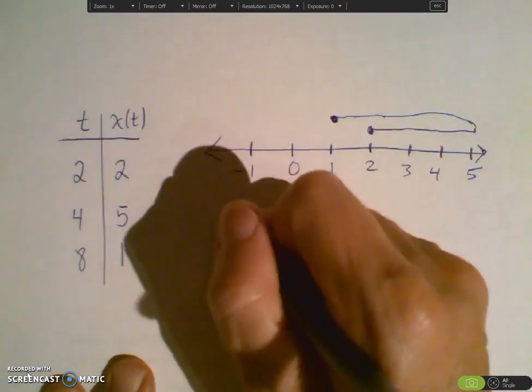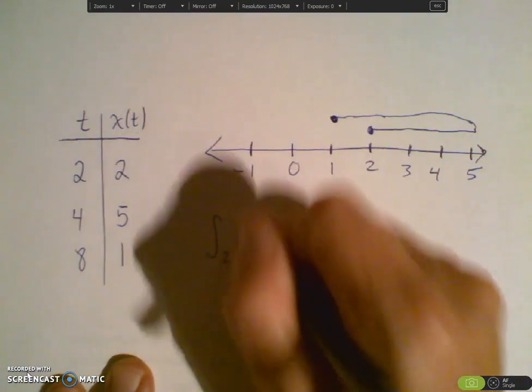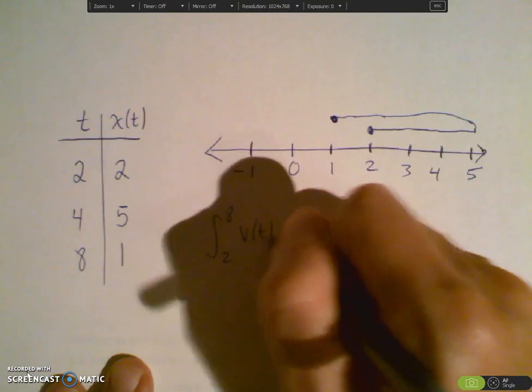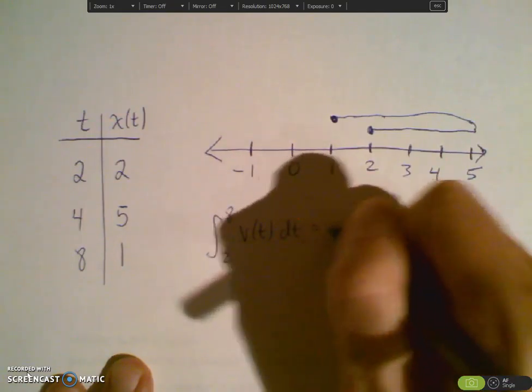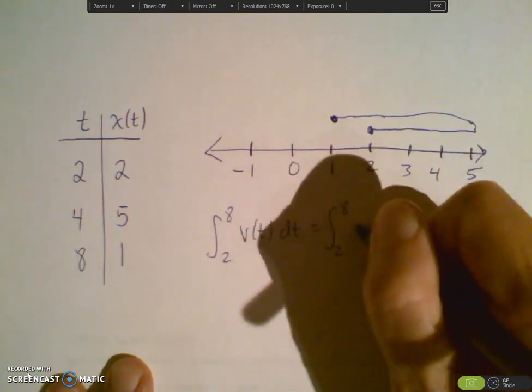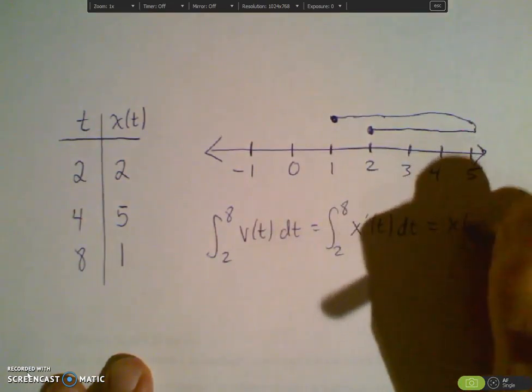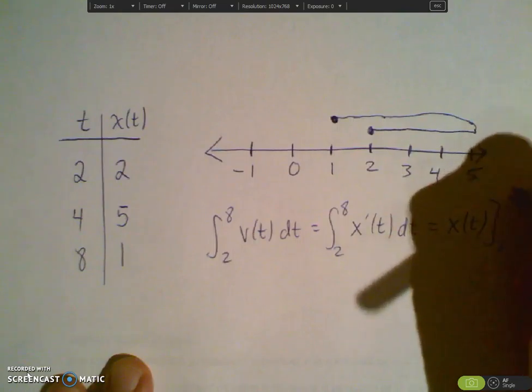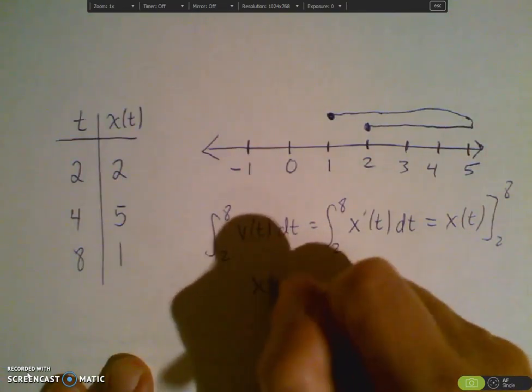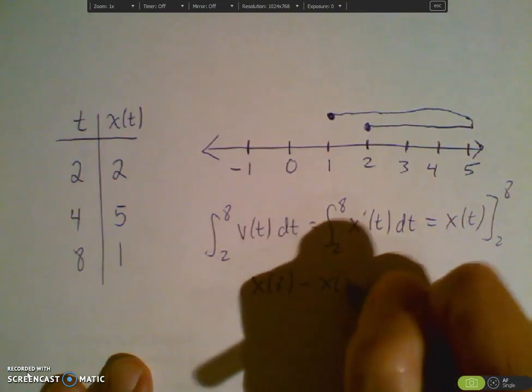If we were to do the integral from 2 to 8 of our velocity, remember, that's the same as integrating x prime of t, which gives us x of t from 2 to 8, and then x of 8 minus x of 2.